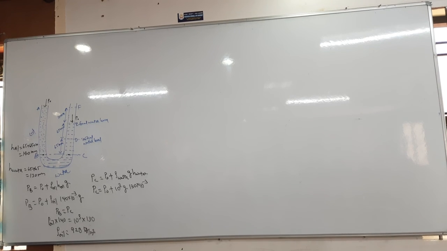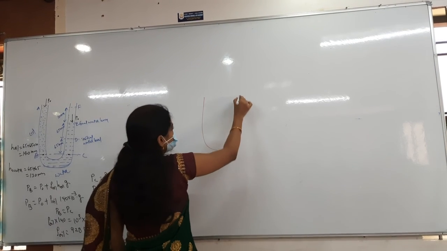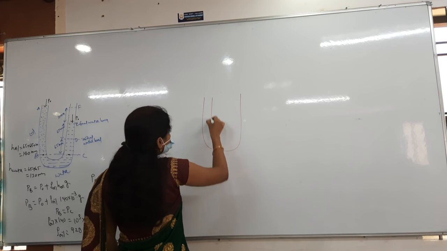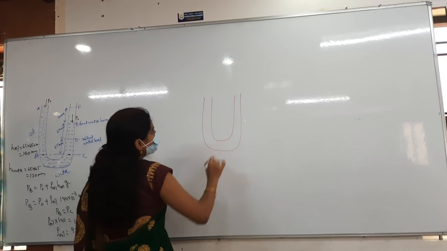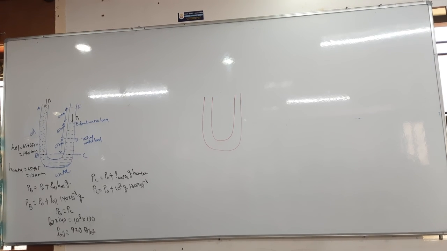If L is equal to 135 mm and D is equal to 15 mm, then find the density of oil.